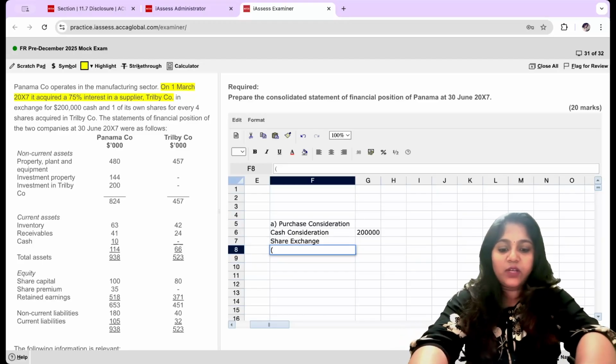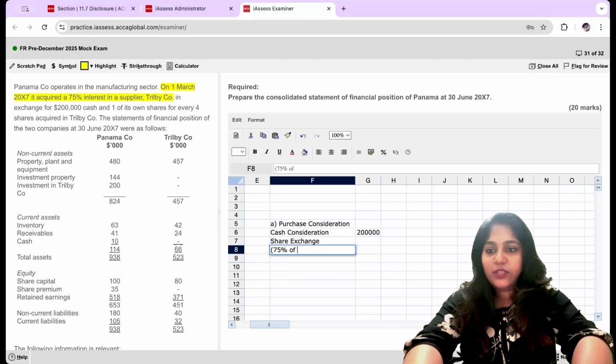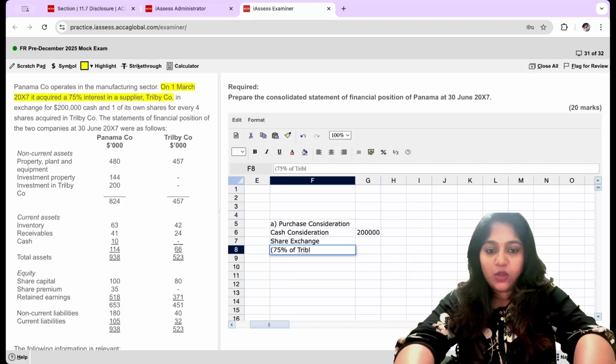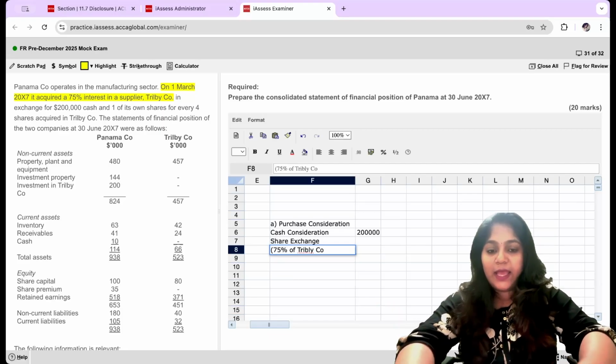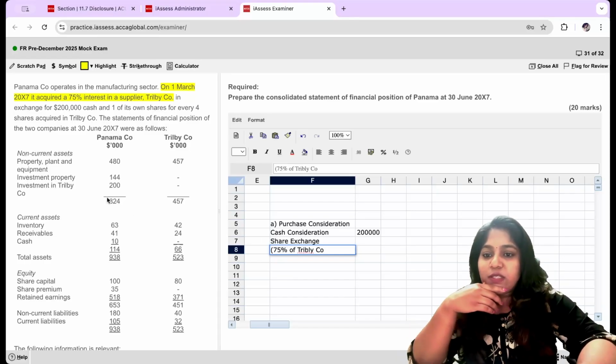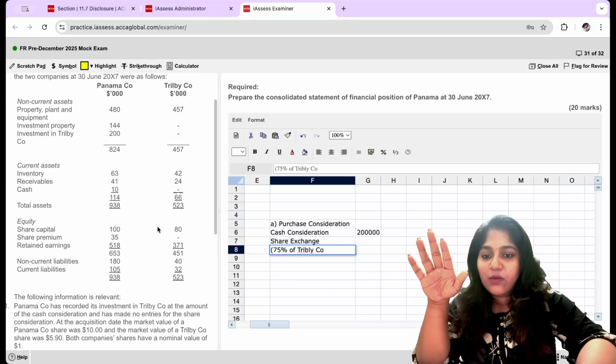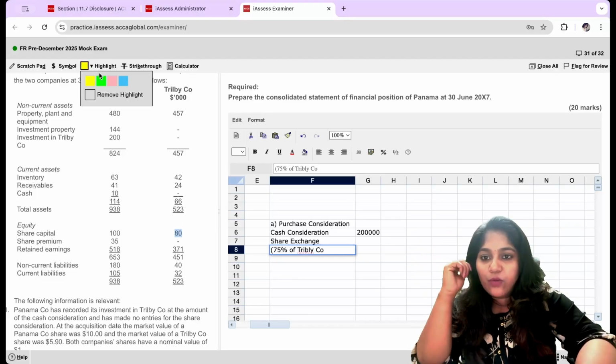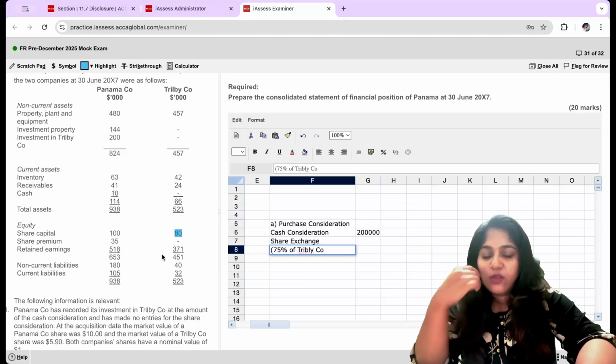First of all, I have acquired 75% of Triple company. Now how many shares does Triple Co have? What is their total equity? You will find that in the share capital of Triple company.